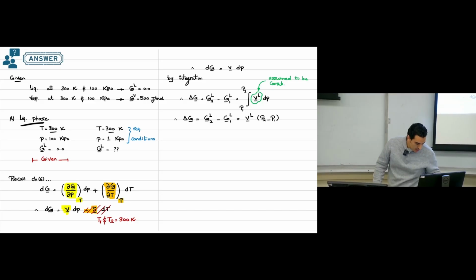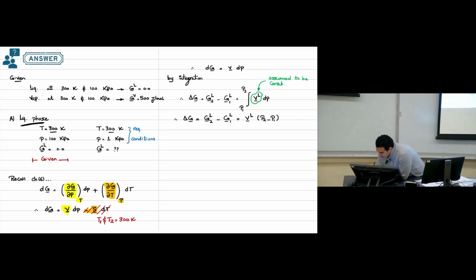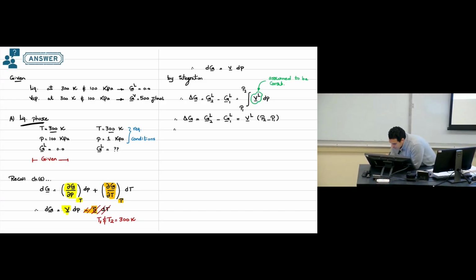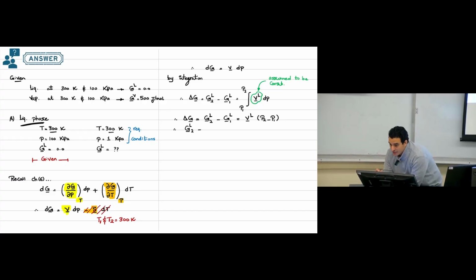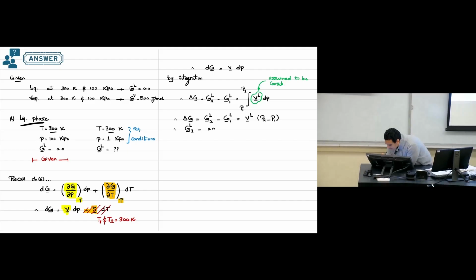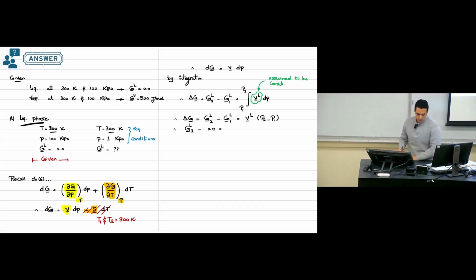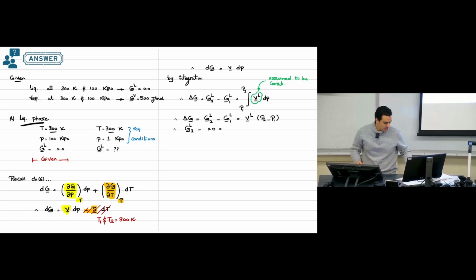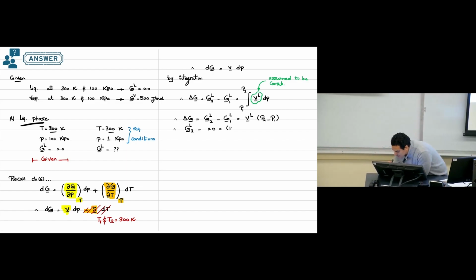Then we can put the given information here. The molar Gibbs free energy for the liquid at second condition minus the molar Gibbs free energy at the first condition is 0 equal... The molar volume given in the problem is 125 centimeter cube per mole.